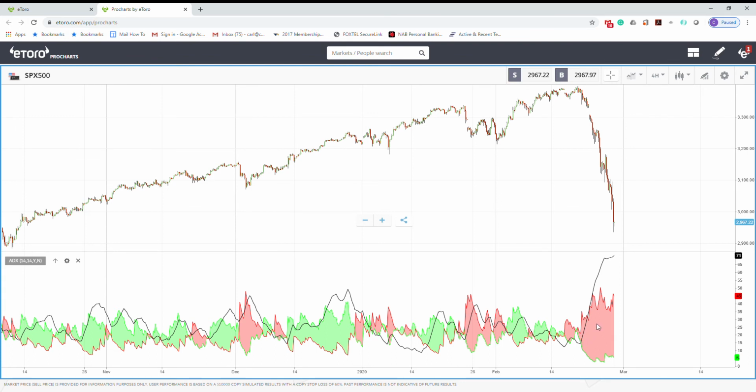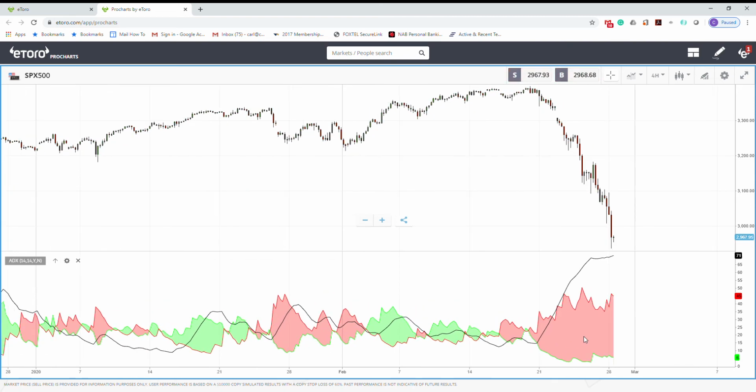What happens? In any downtrend, if you want to buy at low points, you can look at the ADX indicator, and anytime in a downtrend, here in a red color, but you can change it in your chart and choose any other color, but here I chose red for downtrend, to make it easy.